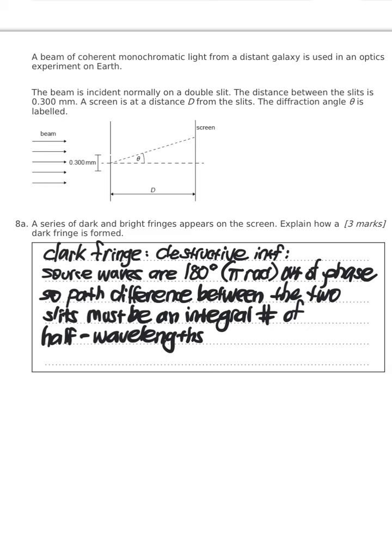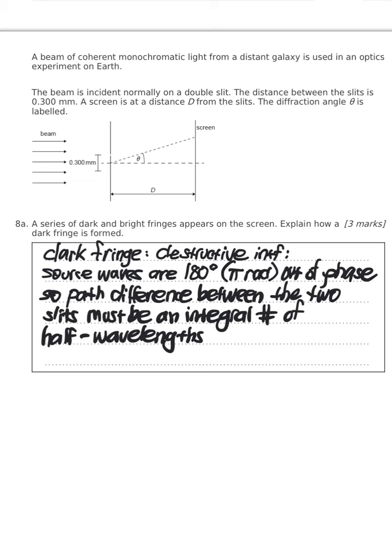So the path difference between the two slits, from the top slit to the spot on the screen, and from the bottom slit to the spot on the screen, that difference in their paths has to be an integral number of half wavelengths to have the destructive interference. For some reason in the mark scheme, it says ignore any reference to crests and troughs.